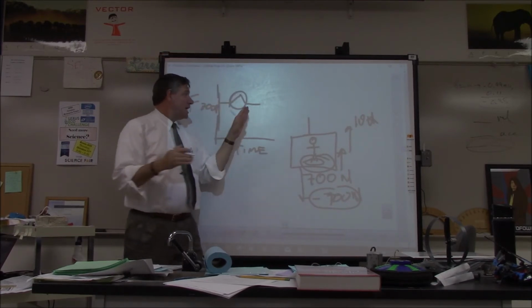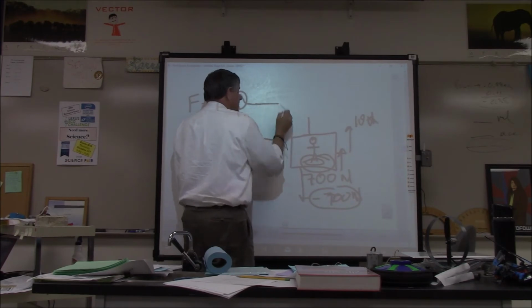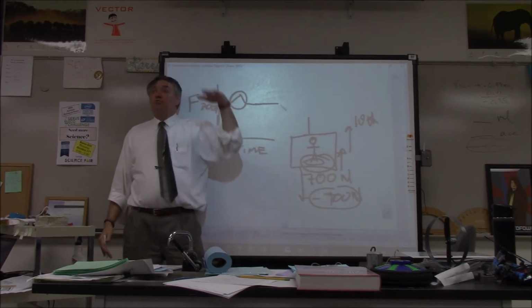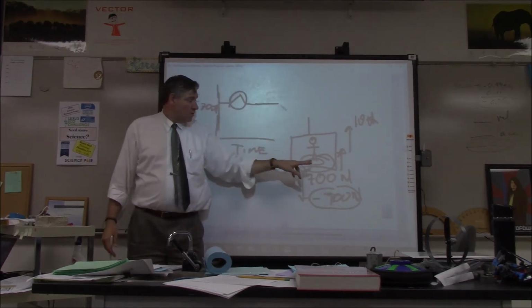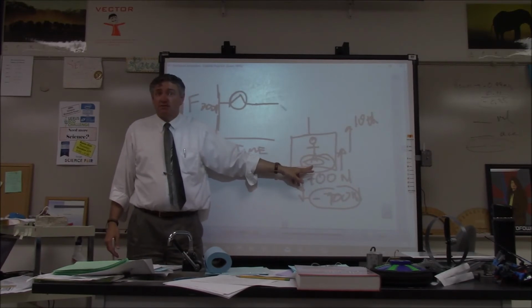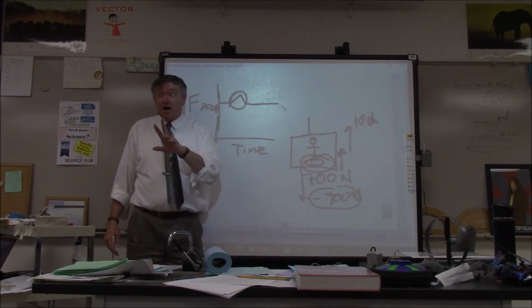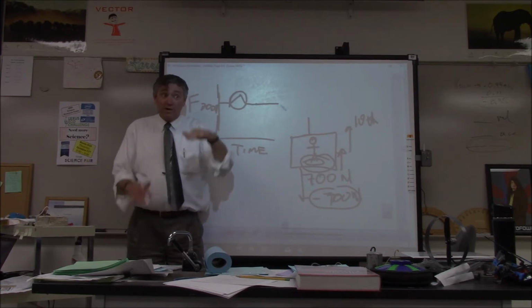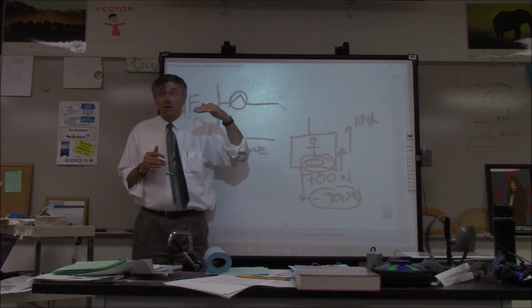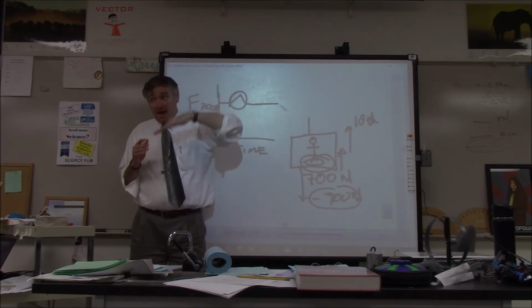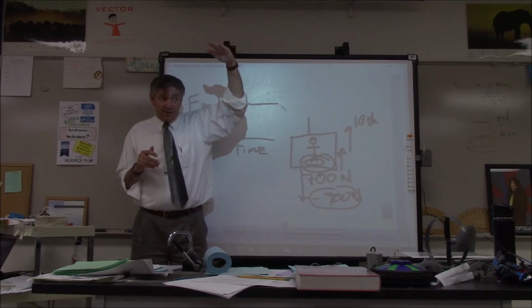Okay? Now, you're cruising along. You slow down when you hit the 10th floor. What's going to happen to the reading on the scale? It's going to drop a little bit. Why? Does gravity become less? No. What does your body want to do? Keep going. Your body wants to keep going at 10 meters per second or whatever that is.